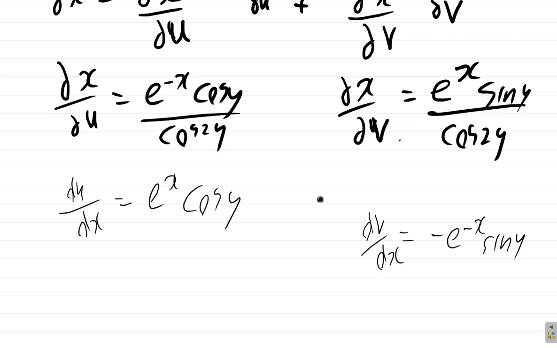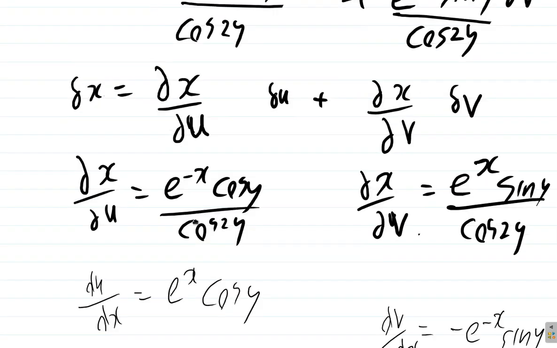Same argument applies here. Let me say that again. Du by dx was e to the x cos y, but dx by du is not 1 over e to the x cos y. You don't just flip them over like that. It's not the reciprocal. So du by dx is e to the x cos y, but dx by du is e to the negative x cos y over cos 2y.